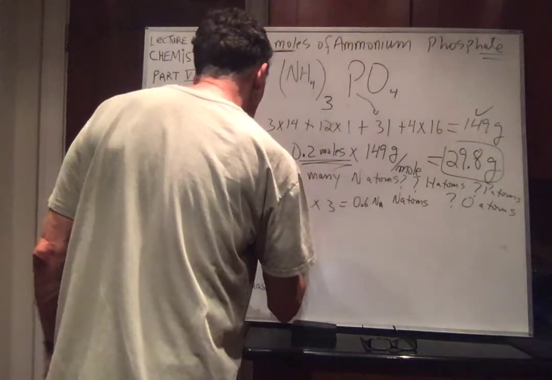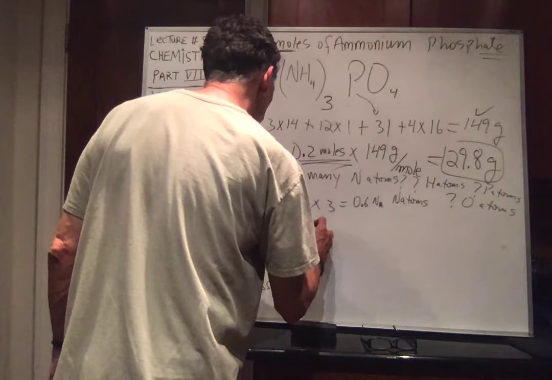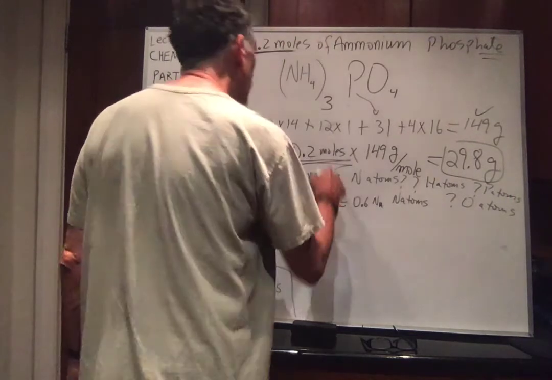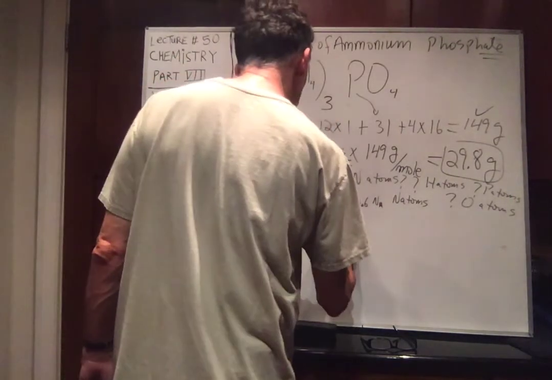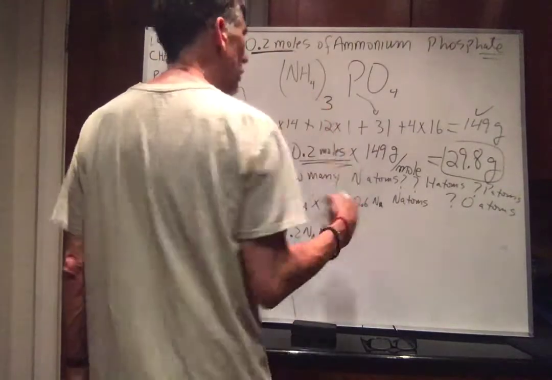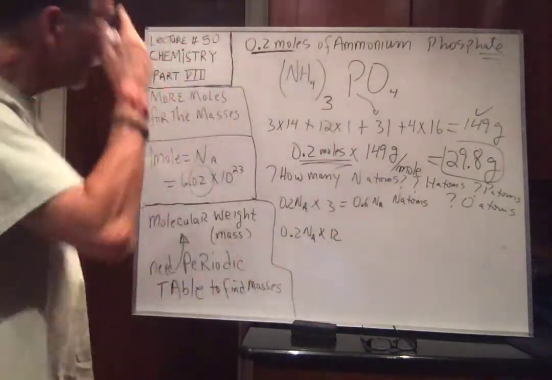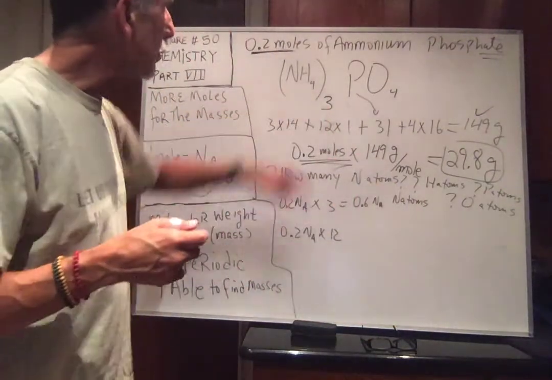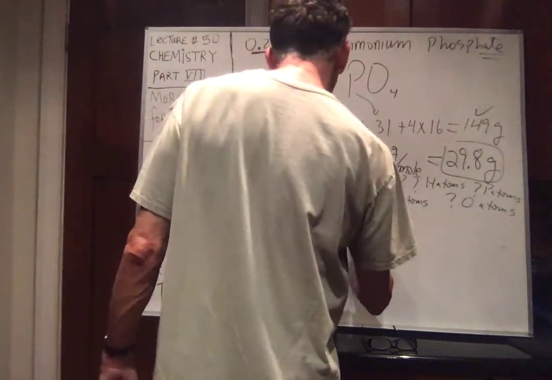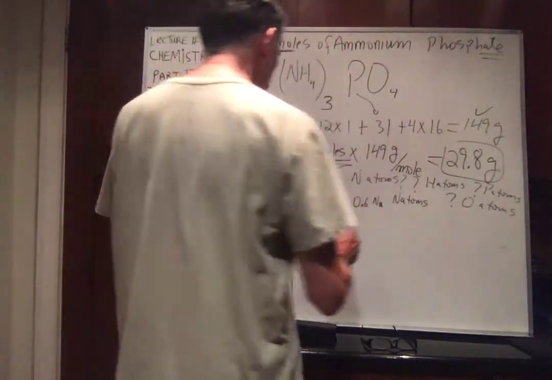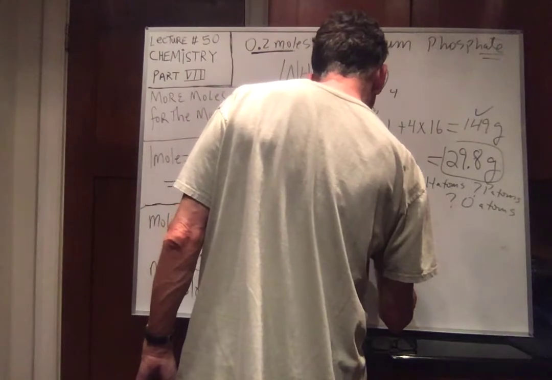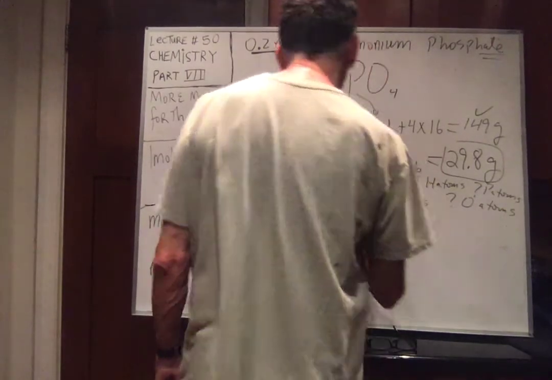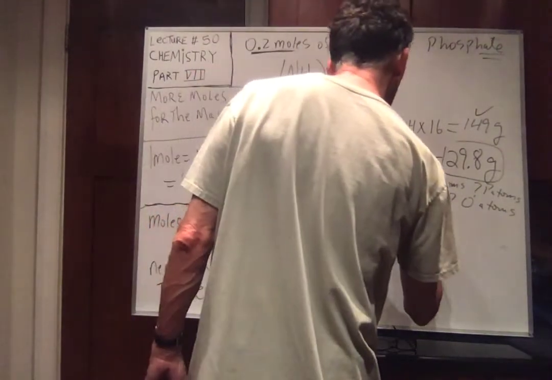So we have 0.2 Na, that's 0.2 moles, times, what did we just say? 12, right, times 1, right? So we have 12 hydrogen atoms, and that's equal to what? Is that 2.4? And that's what atoms? That was H atoms.